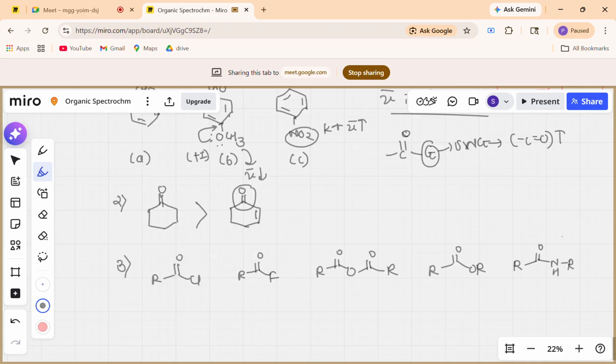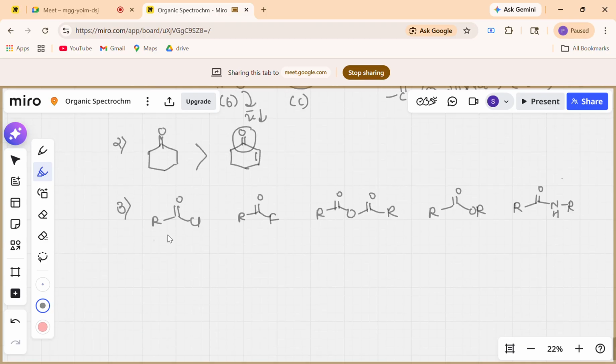Then the next one: acid chloride, acid fluoride, anhydride, ester, and amide.